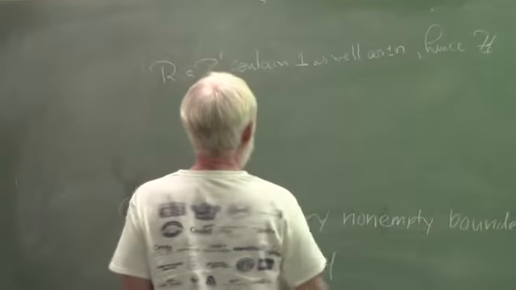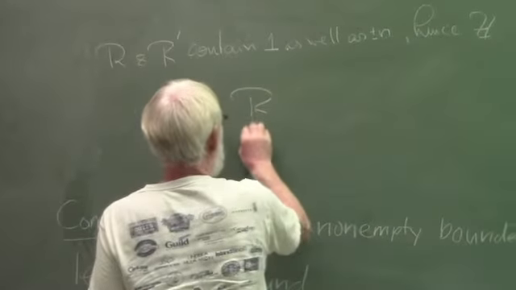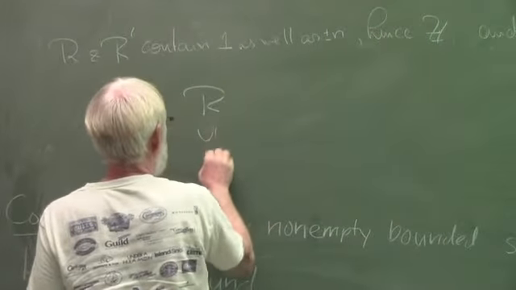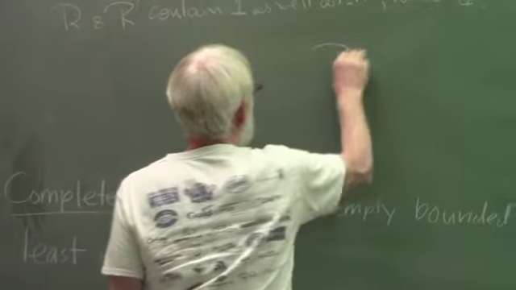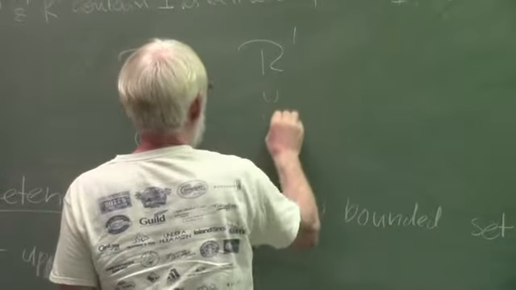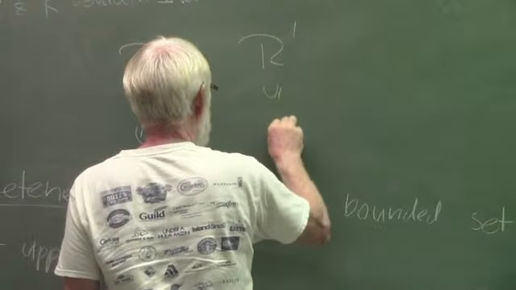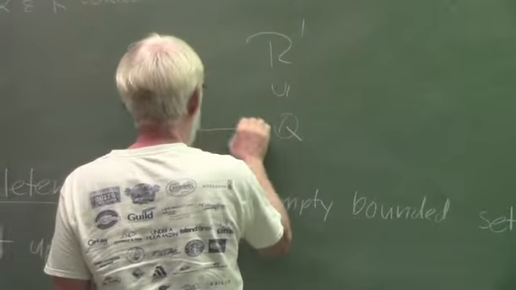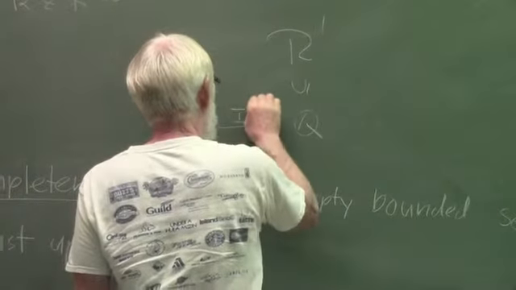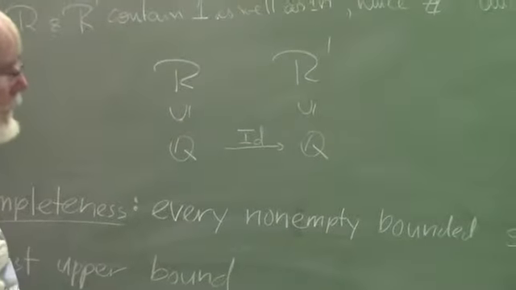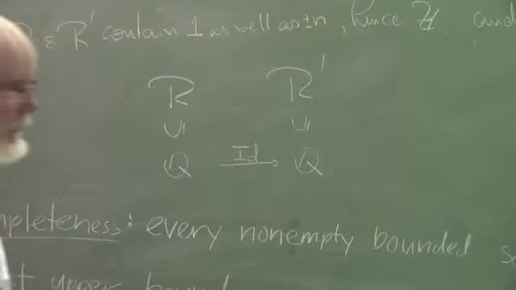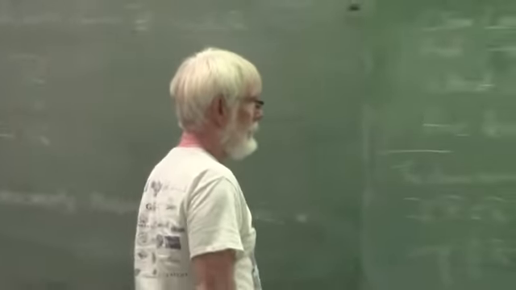So here we have R. In here we have Q. Here we have R prime. We have Q. And our map better be the identity if it's supposed to have this property, right?